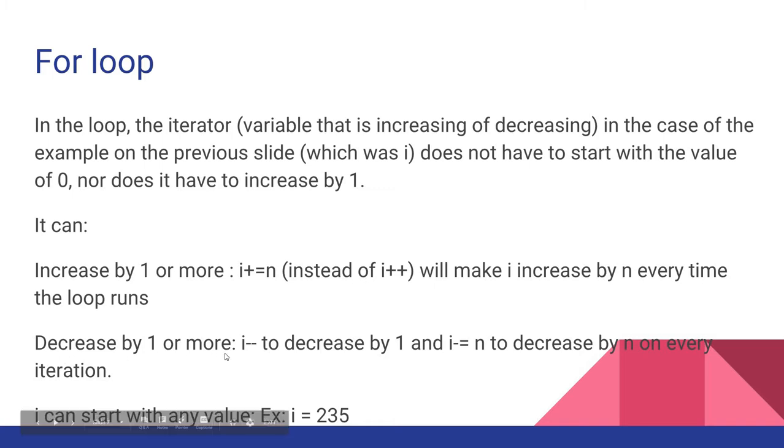It can decrease. If you wanted it to decrease by 1, you could write i minus minus, or to decrease by any whole number n, you would write i minus equals n. The variable i, which is initialized as the first part of the for loop initialization, could be set to any number. It does not have to be 0.